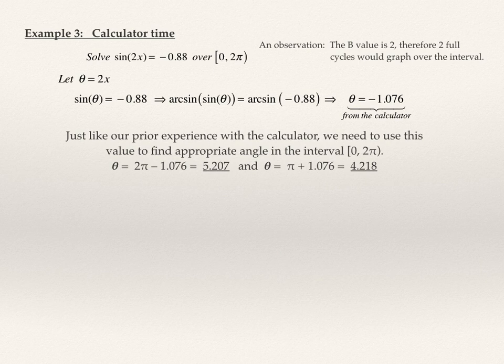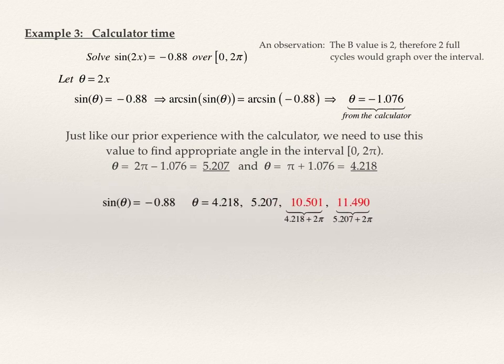So I get these 2 values, 4.218 and 5.207. Now I'm going to take those 2 answers and add 2 pi to each of those. When I added 2 pi to 4.218, I got 10.501. And when I took 5.207, I got 11.490.